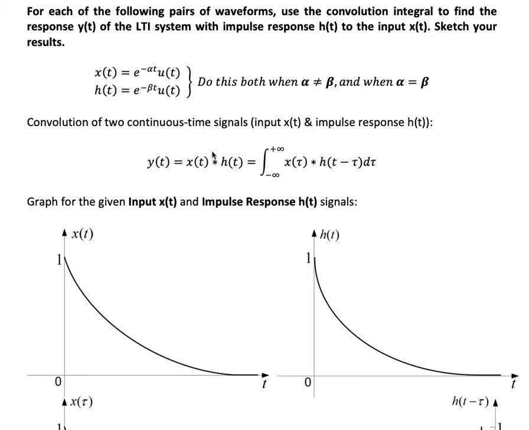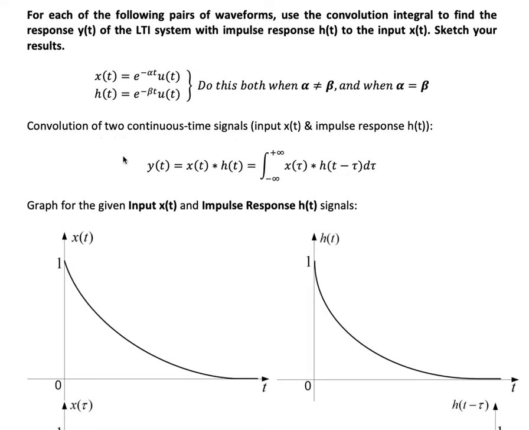Previously it was with respect to t, time. And the other one is the impulse response signal with respect to tau, shifted by a t value. Or in this case, we can say it the other way around: h of tau shifted or displaced by a t amount of time.